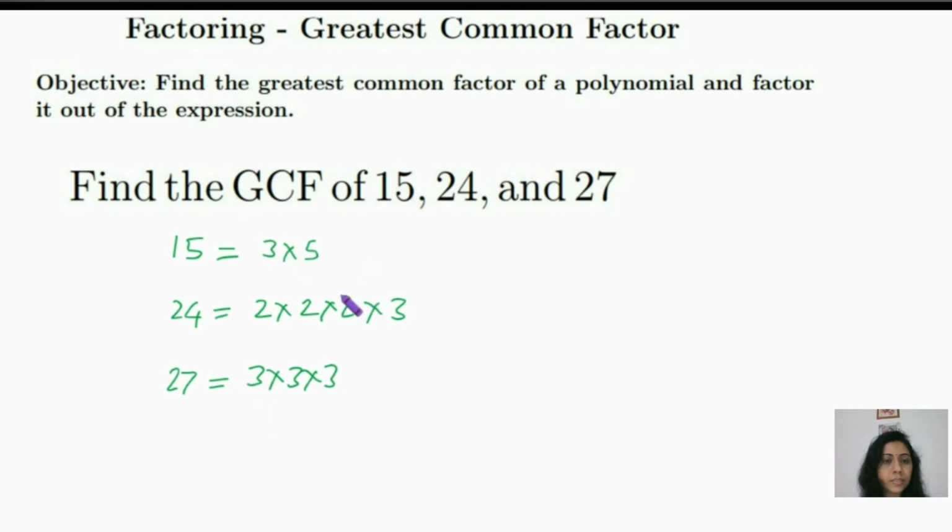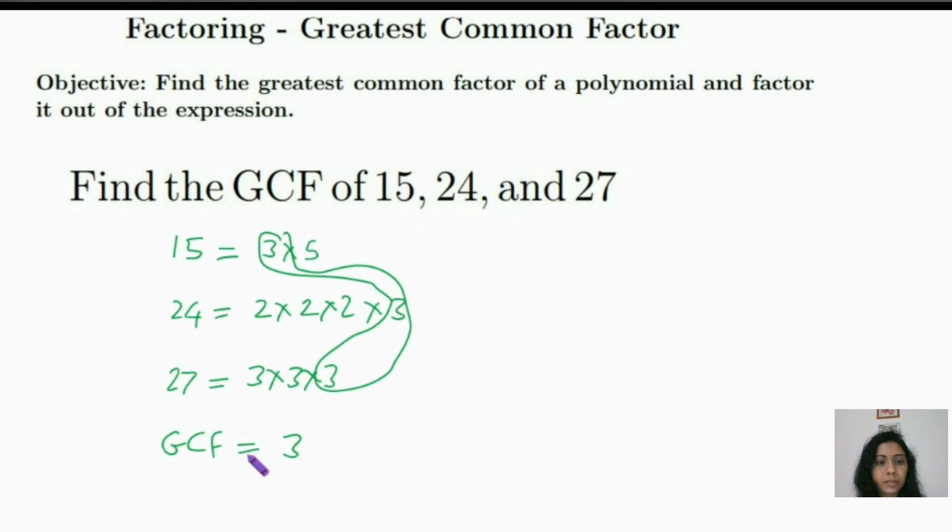So what is the greatest common factor? 3 is the common factor here, the highest common factor. So the GCF of 15, 24, and 27 is 3. Or we can say each number is divisible by 3: 15 is divisible by 3, 24 is divisible by 3, and 27 is divisible by 3.